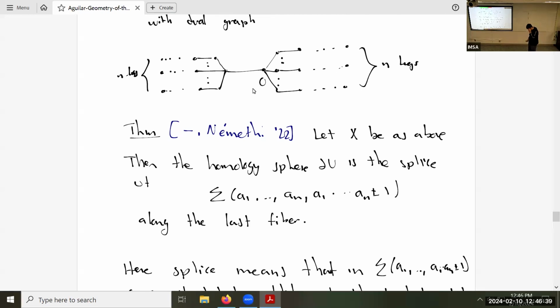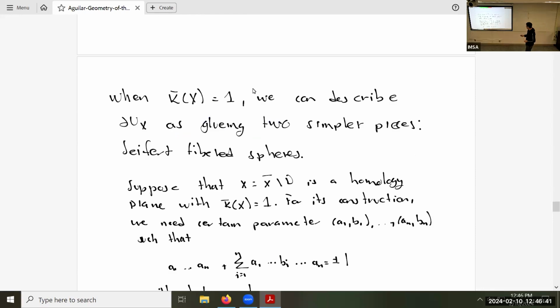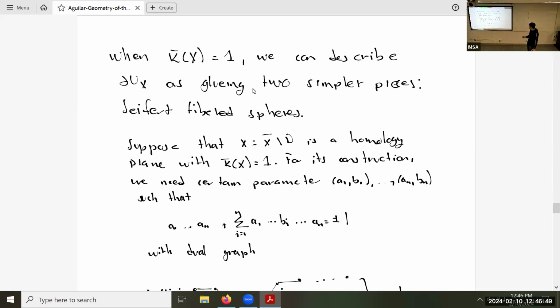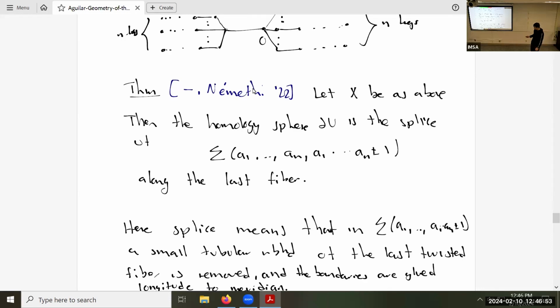So we obtained some result with Şavk about the decomposition of this specific homology sphere, but this actually works for all the homology spheres with logarithmic data dimension 1. You can decompose it as the splice of two Seifert fibered homology spheres, and they depend on some parameters.